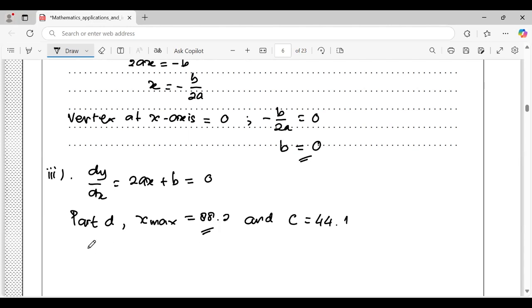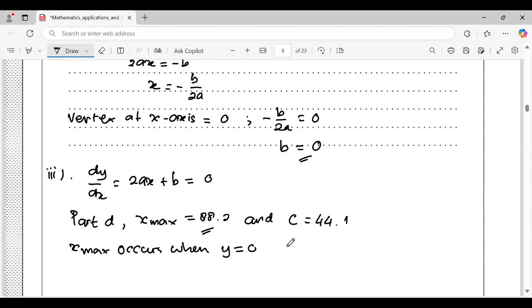The x maximum occurs when y equals 0. When y equals 0, we can get the value of x maximum.